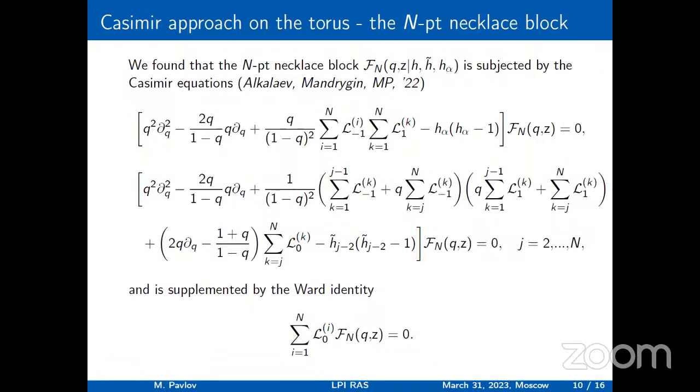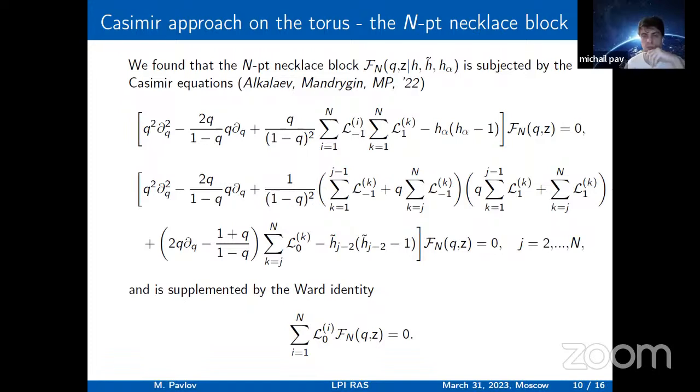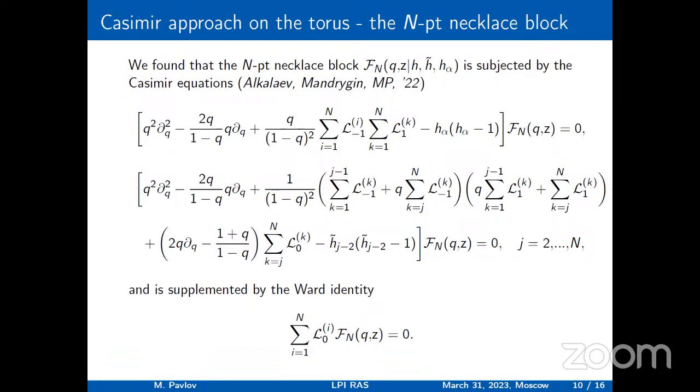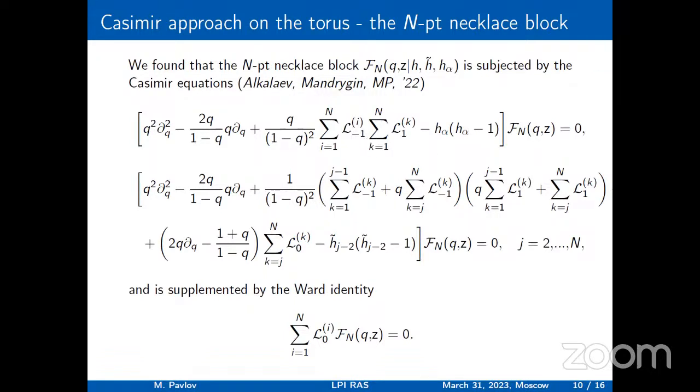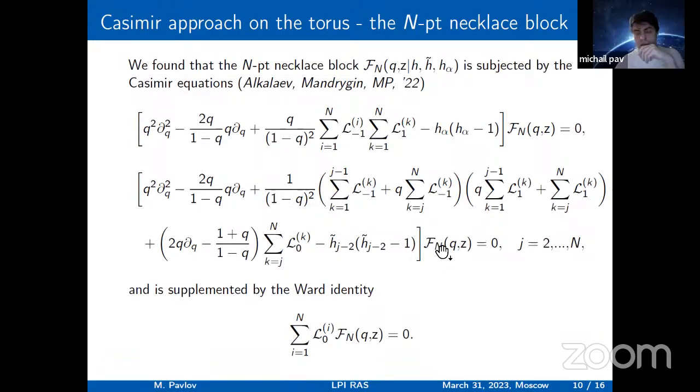Question: you mean that for each primary field in the correlation function, you may insert this Casimir operator, and each insertion gives one equation? Yes. Here F_n is an n-point necklace block, and j stands for the position of this Casimir.